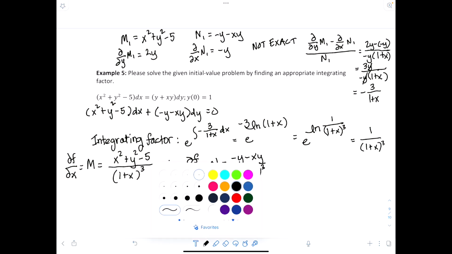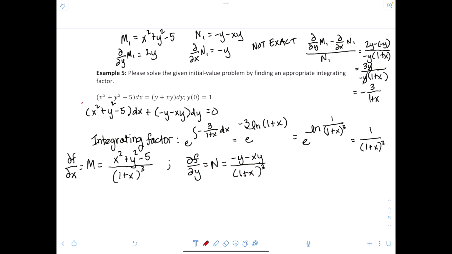So just to clarify, I multiplied both sides of this equation by, and sorry, it's 1 over 1 plus x, the quantity cubed. Groovy?